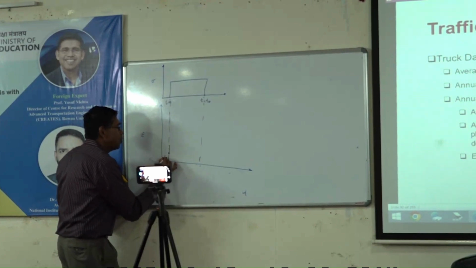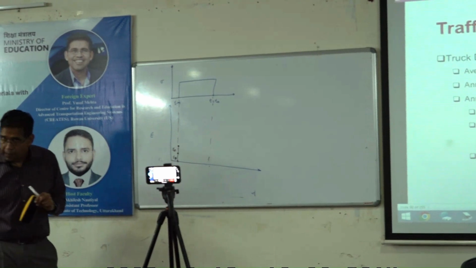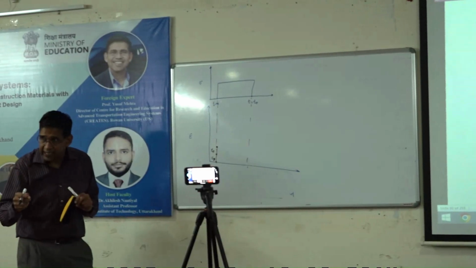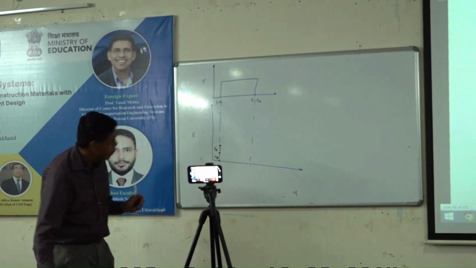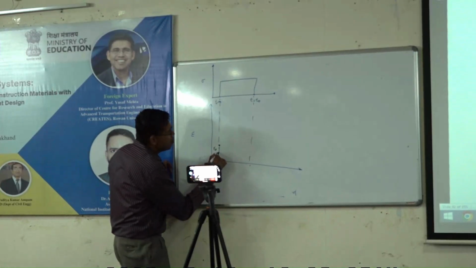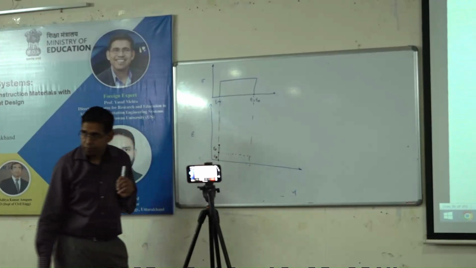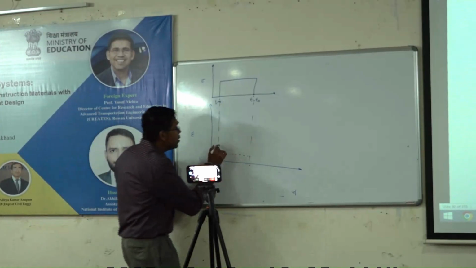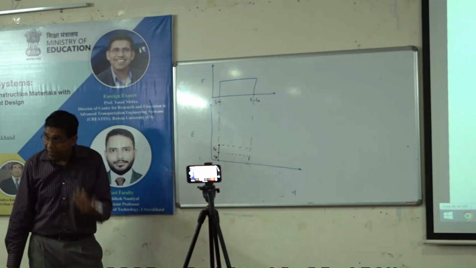Let me do it the other way. There's going to be a plastic portion and there is going to be an elastic portion. They all happen instantaneously and they are time independent. That means once it happens, it doesn't change over time. Then there is something called the time dependent portion.